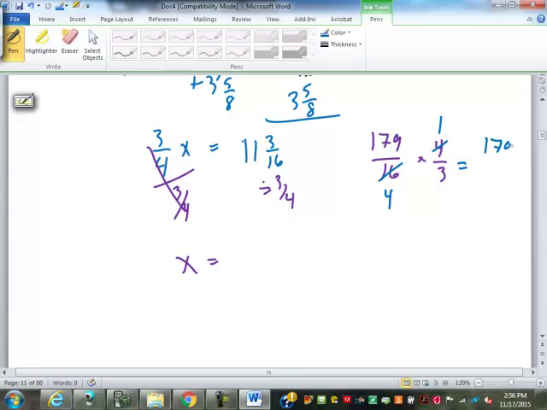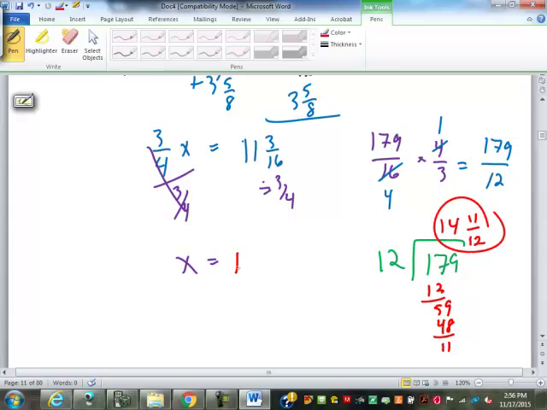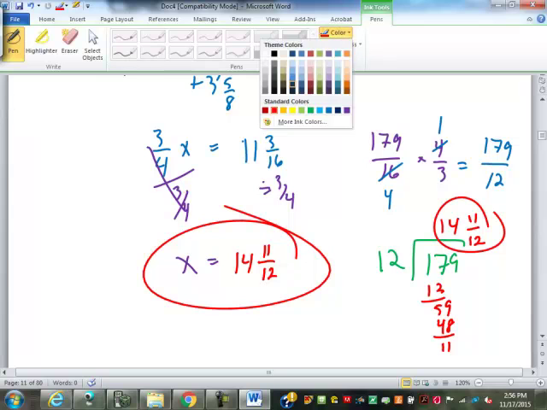So it's 179 over 12. So 12 goes into 17 once with 5 left over, bring down the 9. 12 goes in that 4 times, that'd be 48 with 11 left over, so 14 and 11 twelfths. Fourteen and 7 twelfths.